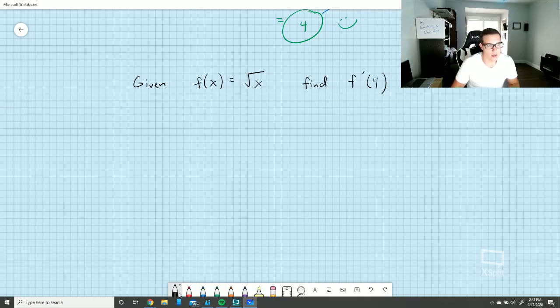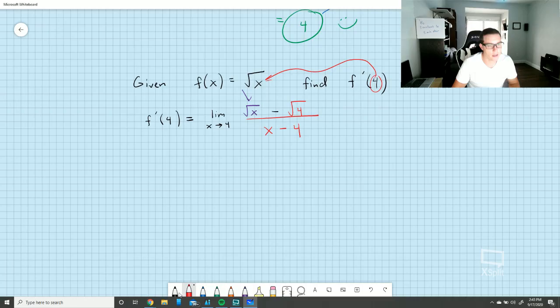Okay, so we set it up. The derivative at 4 is equal to the limit as we approach 4 of f of x, which is the function, minus f of a, what we get when we plug the point into the function, all over x minus a.